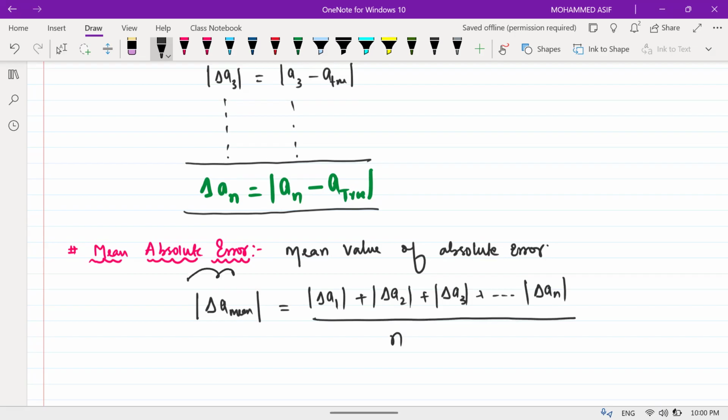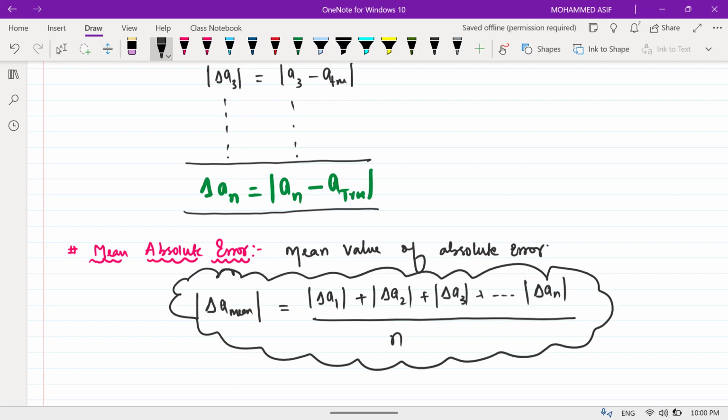That will be the mean of your absolute error. Delta A mean is the mean value of your absolute errors; you just divide by N. That gives delta A mean. Am I clear, everyone?